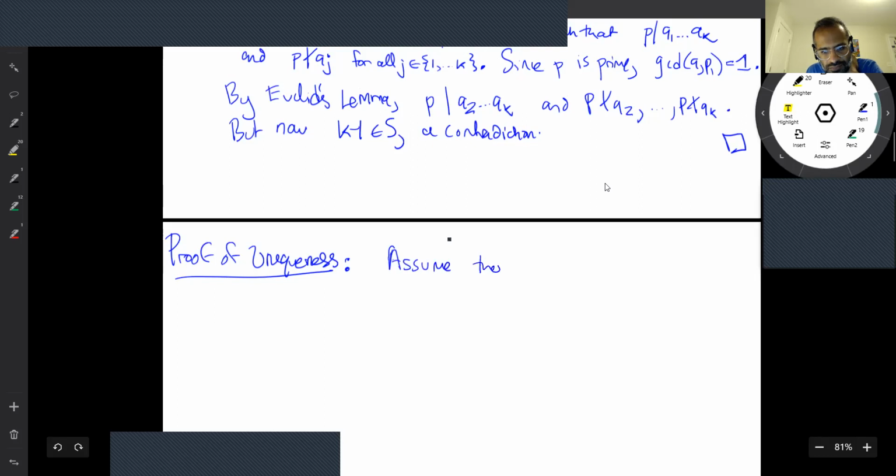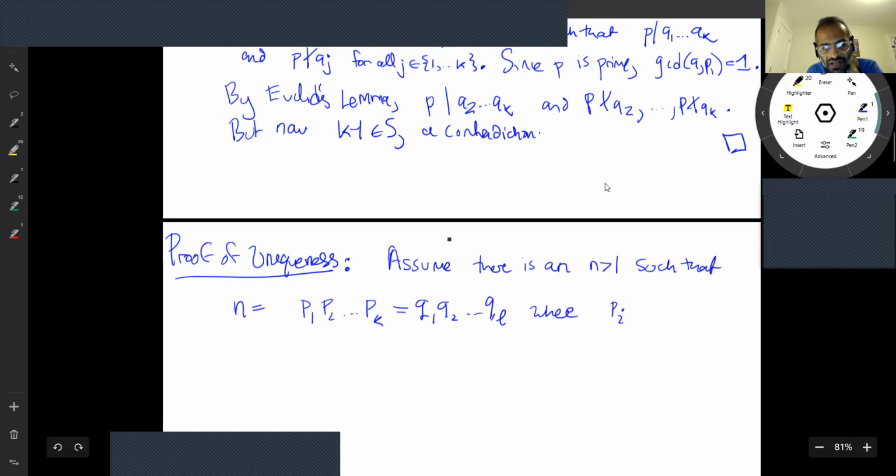Assume there is an n bigger than 1 such that n has 2 different prime factorizations, p1, p2, all the way up to pk, also equal to q1, q2, all the way up to ql, where all of these pi's, let me just list them.